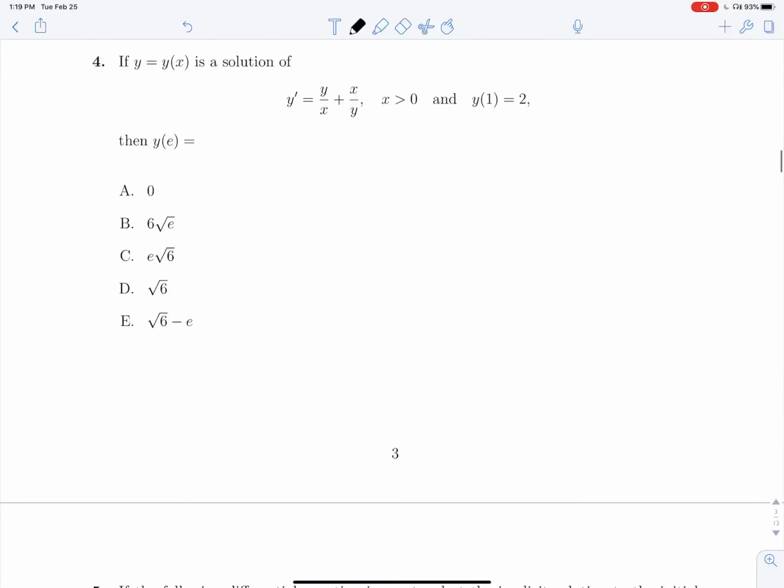Question 4. If y as a function of x is the solution of this equation given right here, x greater than or equal to 0, and y at 1 is equal to 2, then what is y at e?